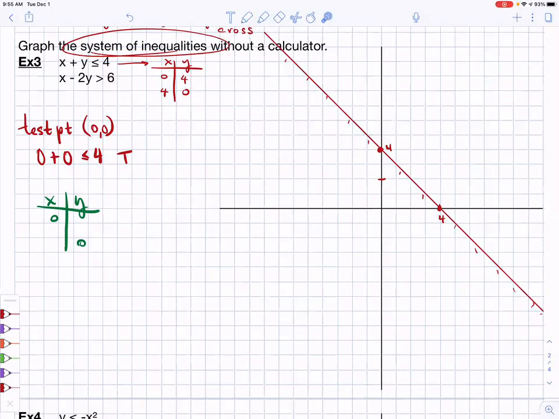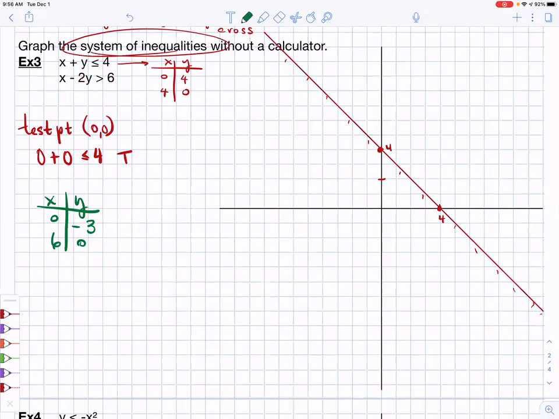So plug in a 0 for your X and do some solving. Again, pretend it's an equal sign. What do you have? Y equals -3. Plug in your 0 for Y, which makes this whole entire term go away, and X is 6.